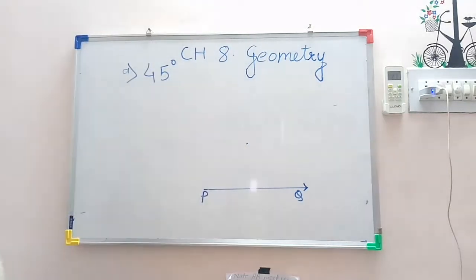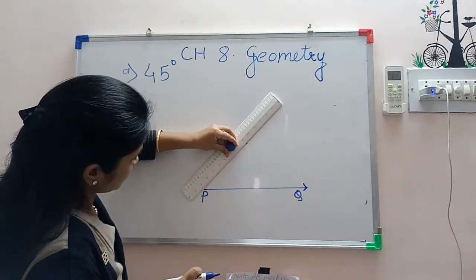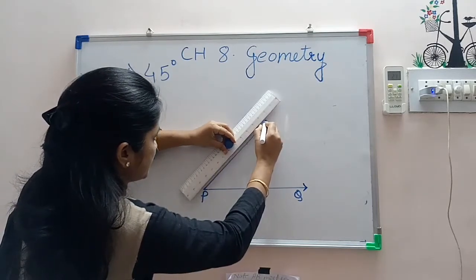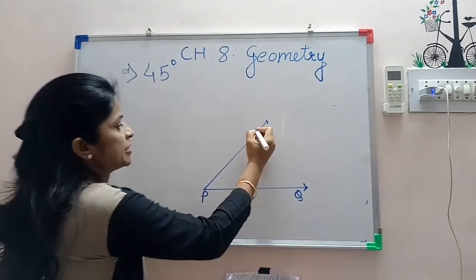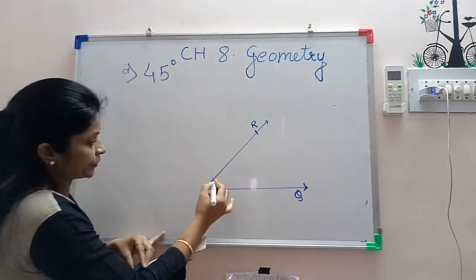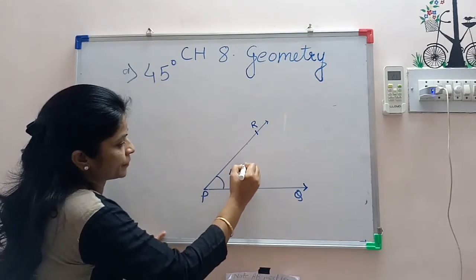And now we will draw another ray and we'll name it as R. Now the measurement of this angle is 45 degree.